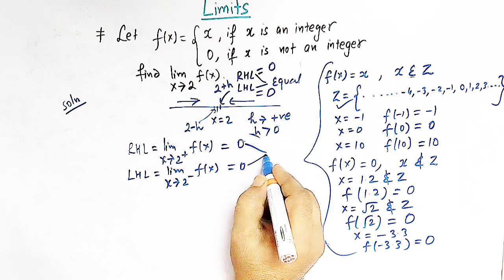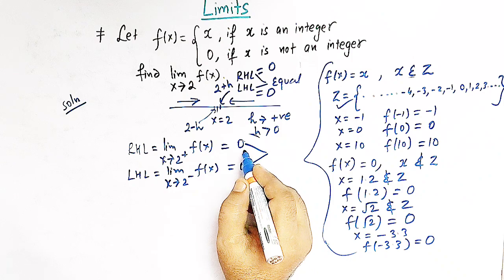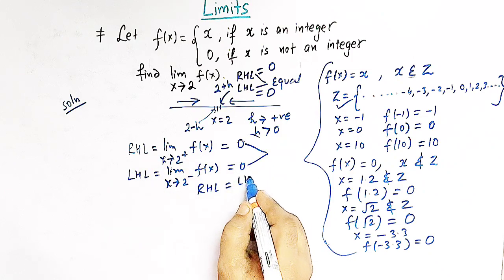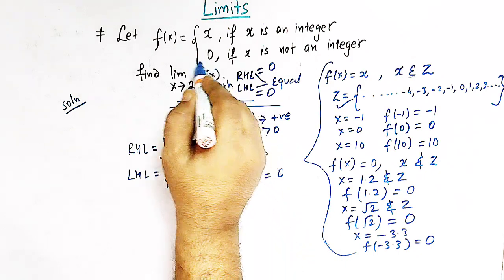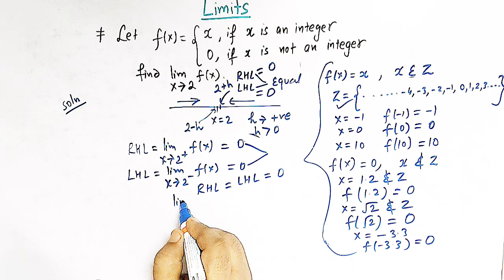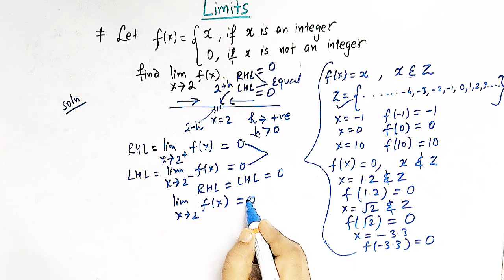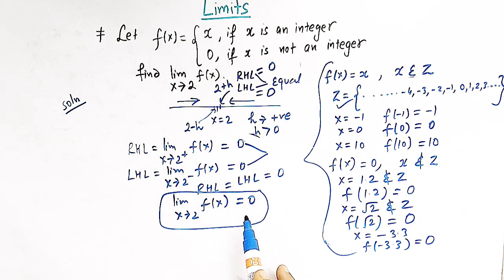And we can see that both the limits exist and they are finite, and moreover the right hand limit is equal to the left hand limit, and both the limits are equal to 0. So we can now conclude that this limit, that is limit x tends to 2, f of x is equal to 0. So the value of this limit is equal to 0. So this is how we can solve these kinds of problems related to limits.